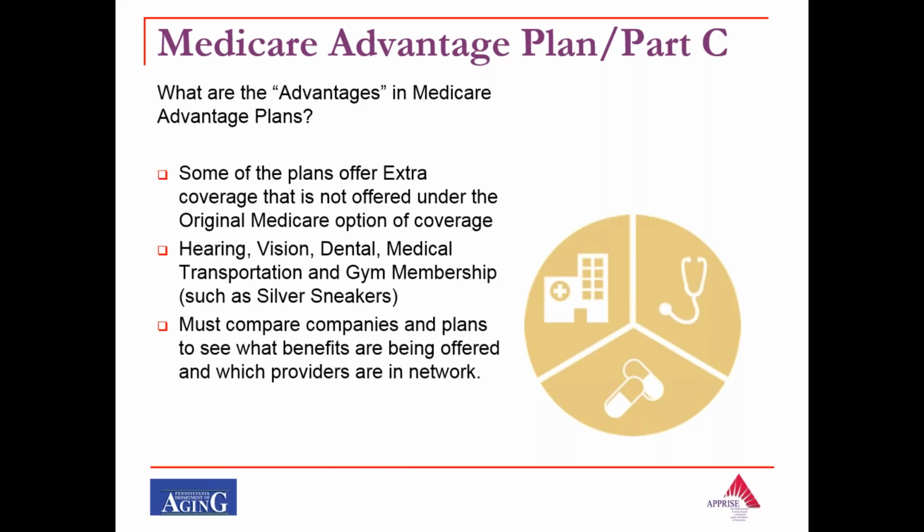Some reasons why folks decide to choose an Advantage plan is that there may be some extras. That could be hearing, vision, dental, sometimes medical transportation. It depends on the plan, or if you like Silver Sneakers or a wellness plan, some folks decide to do a Medicare Advantage plan.